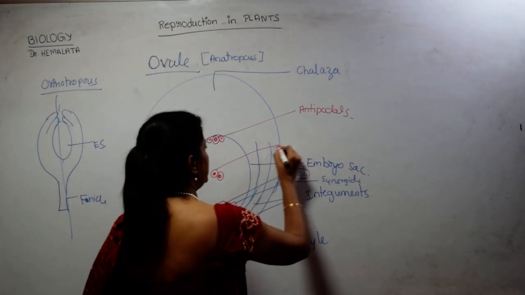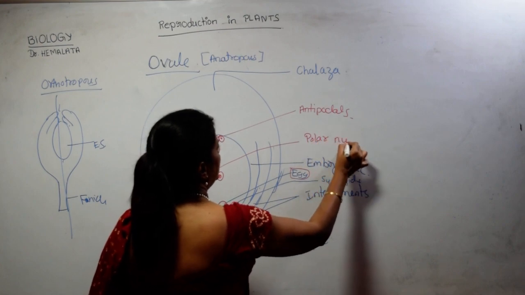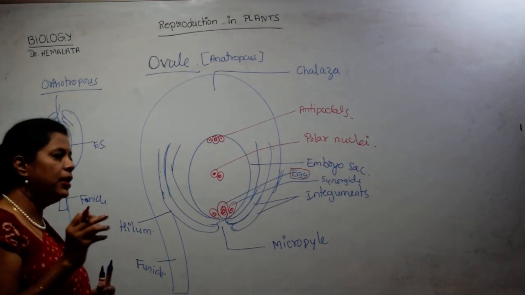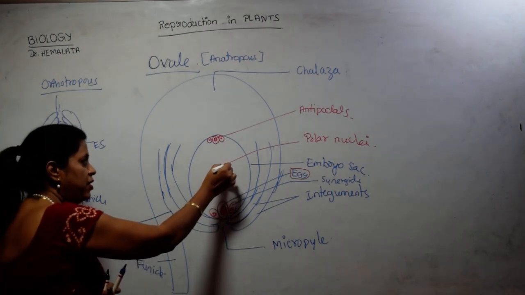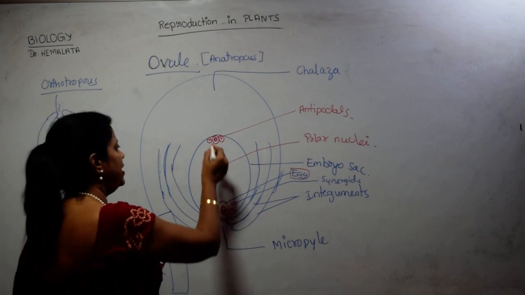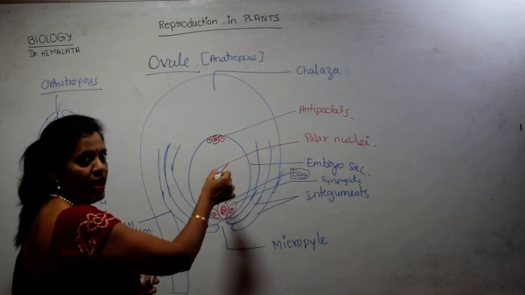They are actually present within the cell only. These are called polar nuclei. So polar nuclei are the central 2 nuclei which are haploid. They are freely hanging nuclei. So totally we will get 3 haploid cells, right? And polar nuclei, 2 of them, are freely hanging here.